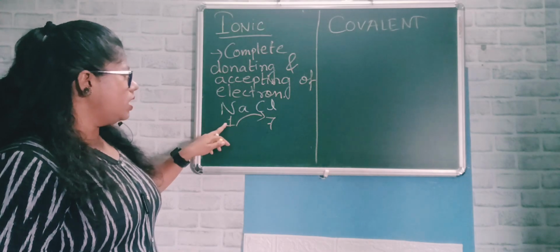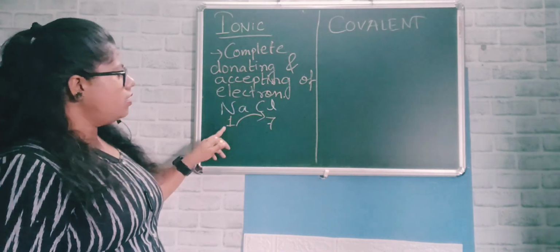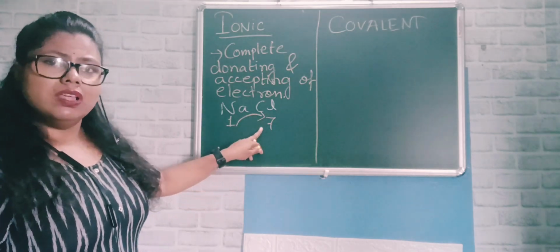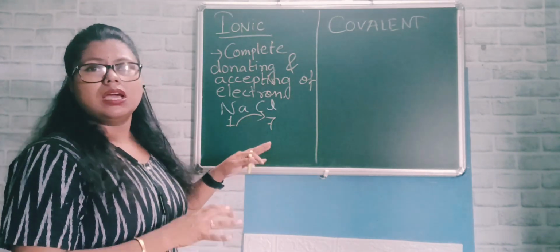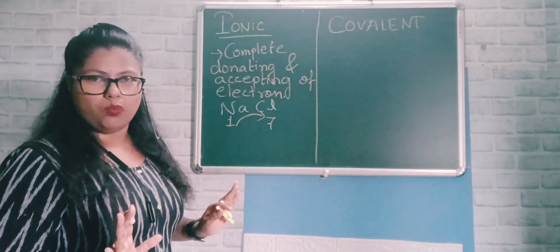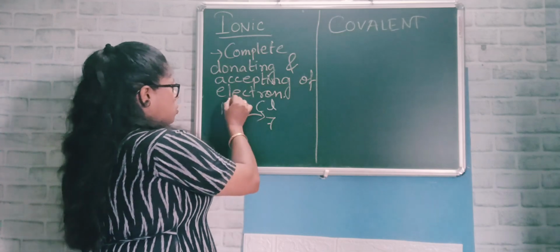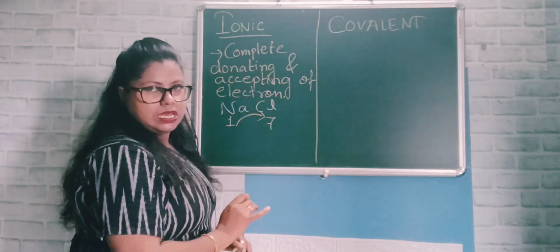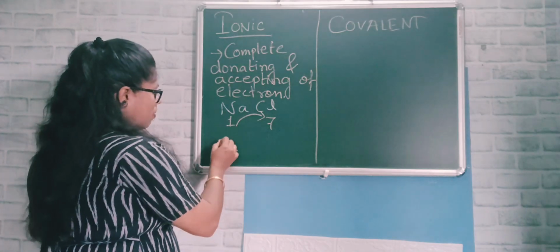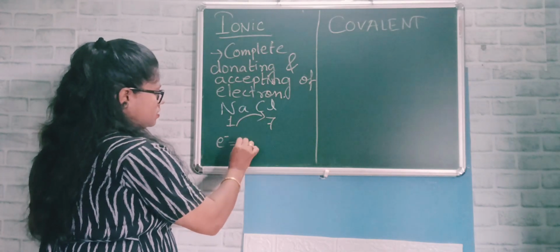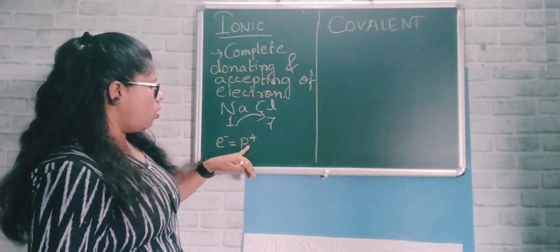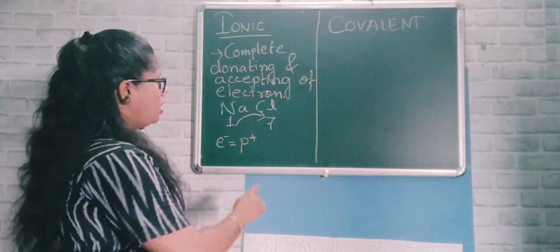Sodium will completely lose this electron and donate it to chlorine. Chlorine will accept this electron completely and utilize it in its own way. So it loses an electron, it accepts an electron. Now you need to understand that the number of electrons is always equal to the number of protons, that means the negative charge is always equal to the positive charge.